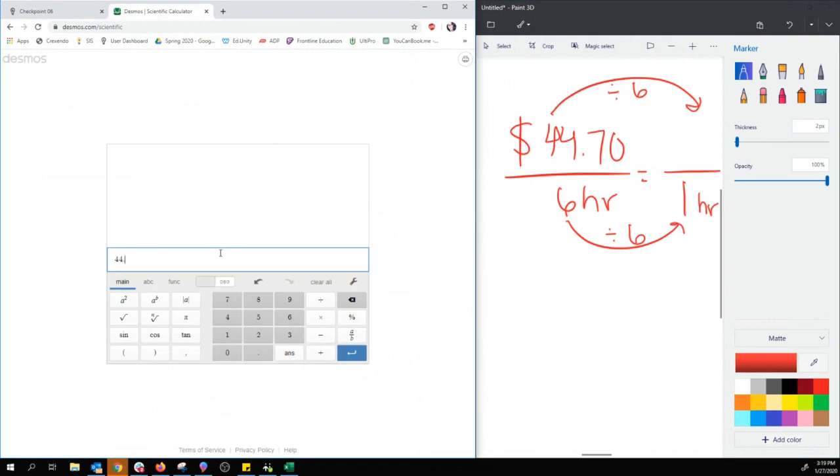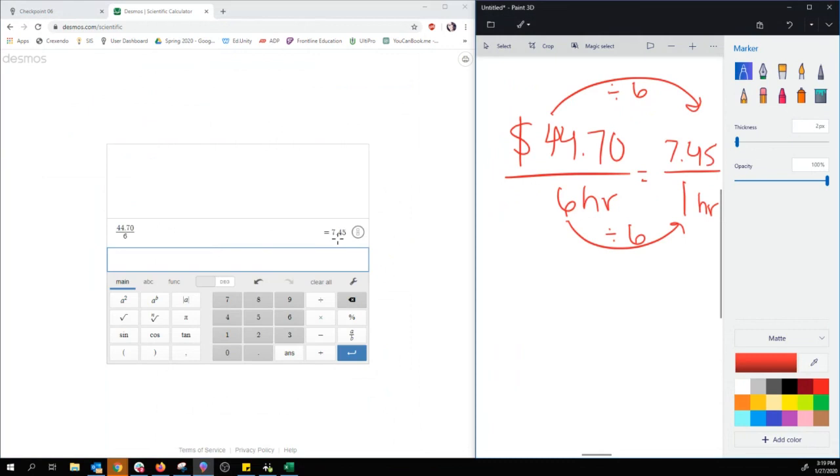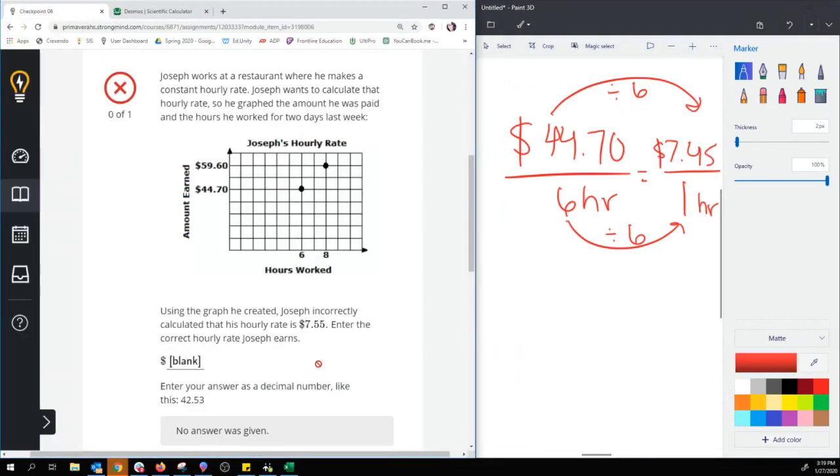So I have 44.70 divided by 6. And it tells me I should get $7.45. So how much money does Joseph actually make per hour?